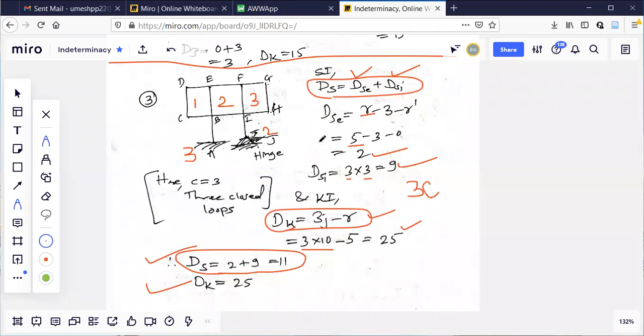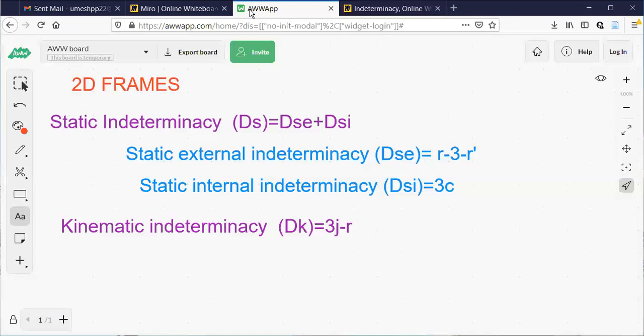The question was, this diagram, a framed structure, was given to you. Your job is to calculate DS and DK values. This is the formula for DS and DK. Static external indeterminacy is r minus 3 minus r dash.